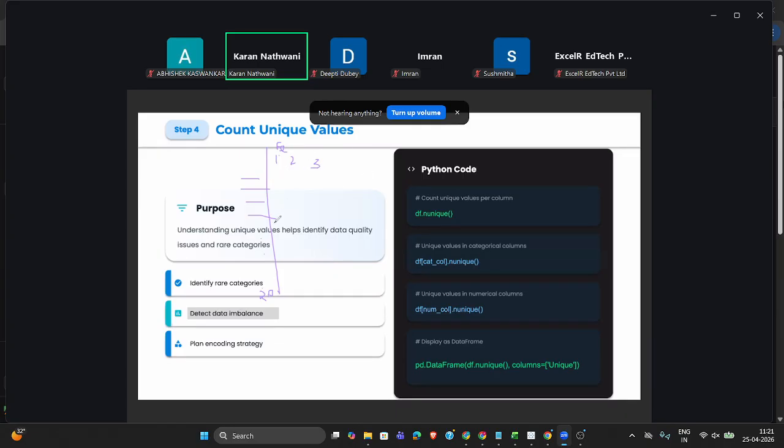Based on this, you have to identify the pattern: this is 1, this is 2, likewise you have 20 samples. Out of these 20, how many are male and how many are female? Are you getting my question first? Yes, sir.